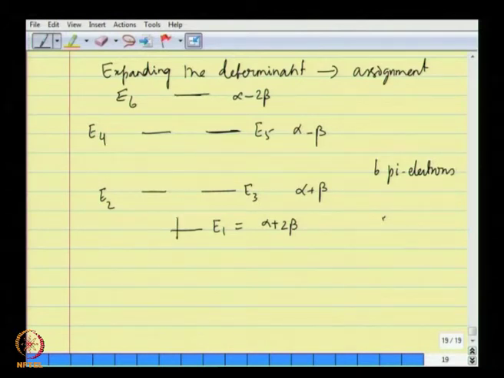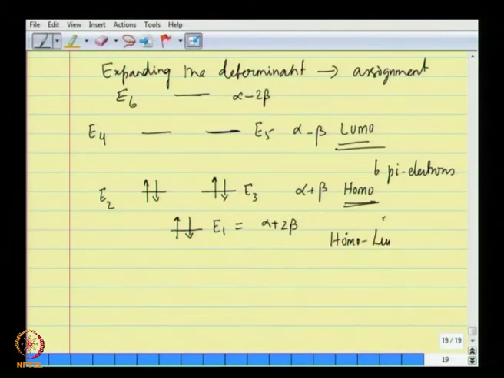So, assigning them carefully will give rise to this picture, where we have 6 electrons in the first 3 orbitals, and this is the highest occupied molecular orbital and this is the lowest unoccupied molecular orbital, and therefore you see that the delta E, the HOMO-LUMO gap, is 2 beta again.